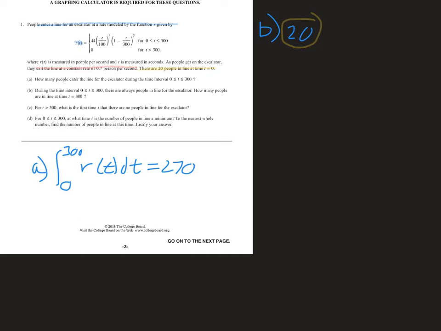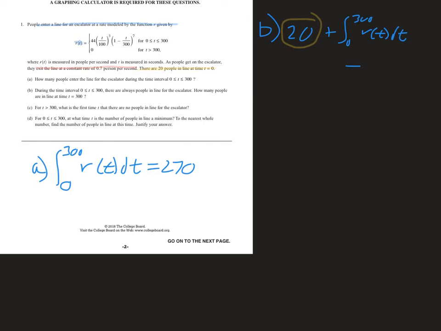Then plus the number of people who get in line, which is the integral from 0 to 300 of R of t, which we just did. And then minus the number of people who get out of line.